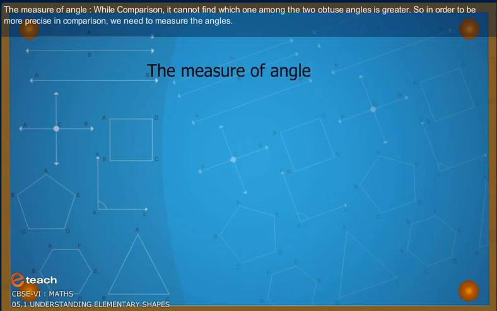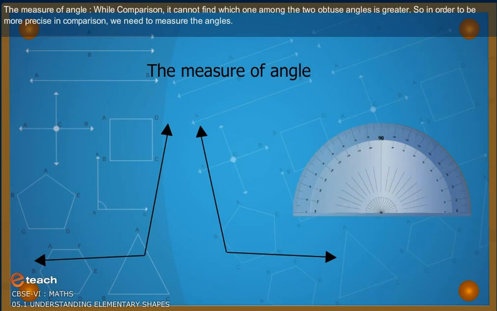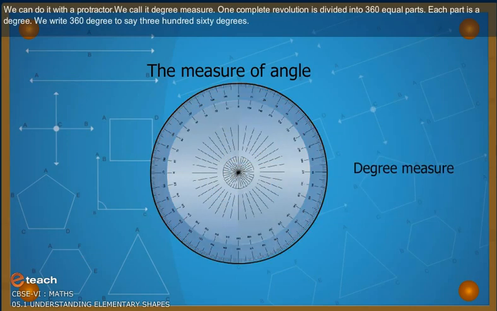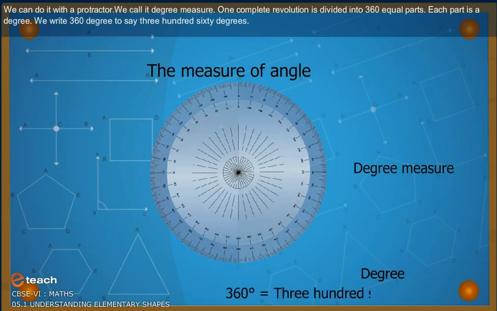The measure of an angle. By comparison alone, we cannot find which one among two obtuse angles is greater. So, in order to be more precise in comparison, we need to measure the angles. We can do it with a protractor. We call it degree measure.